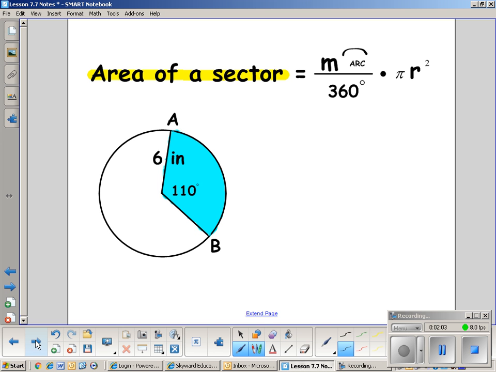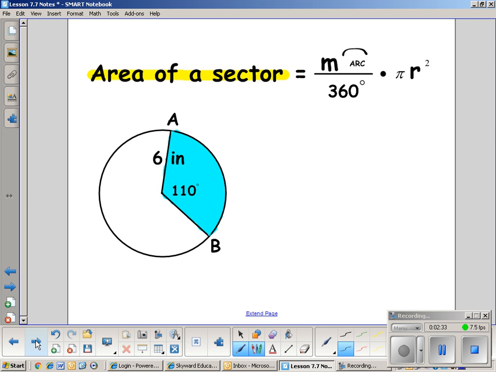So it's the measure of the arc divided by 360 times pi r squared. Well, what's pi r squared represent? Area of a circle. So in other words, they're finding the area of the whole circle and multiplying it by the fraction of the circle that we're talking about. Just like before when we did arc length, we found the circumference of the whole circle and multiplied it by the portion or the fraction of the circle we're talking about.